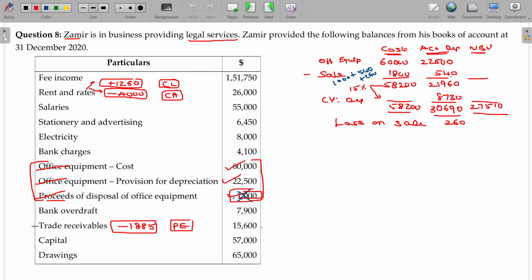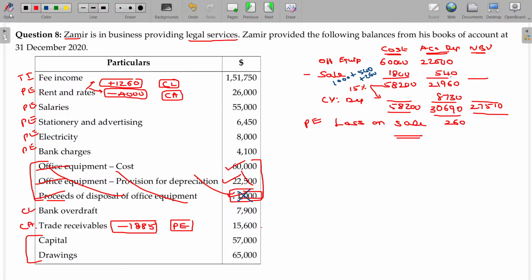Fee income, trading income, rent and rates, salaries, stationery, advertising, electricity, bank charges are P&L account expenses. Bank overdraft is a current liability, trade receivables are current assets, and capital can be shown here. And loss on sale is a P&L section expense.